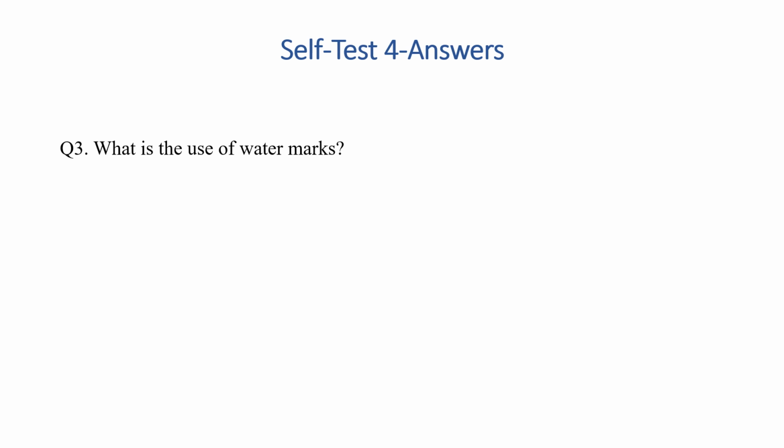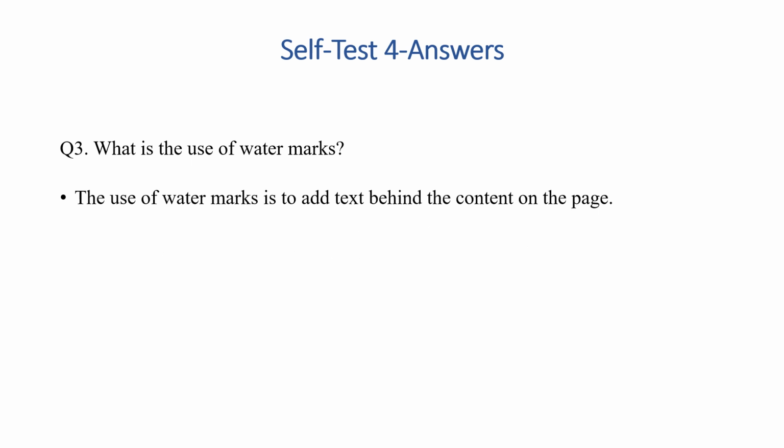The third question is, what is the use of watermarks? When do we use watermarks and for what purpose? The use of a watermark is to add text behind the content on a page of a document.